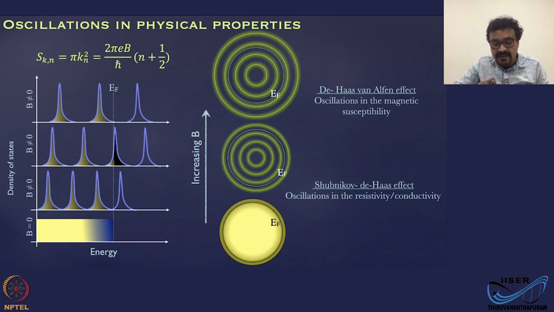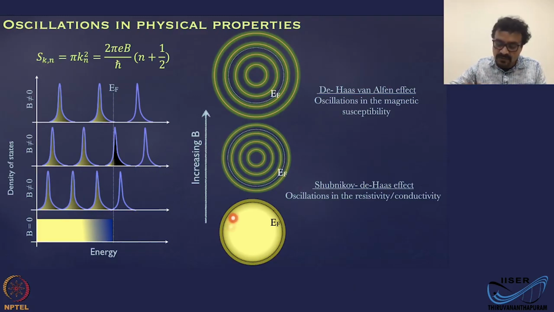Now let us inspect this situation in a little bit more detail. What is the electron dynamics that one would observe when you increase the B field? So here, these cartoons show the density of states, or how the states are distributed when you change the magnetic field.